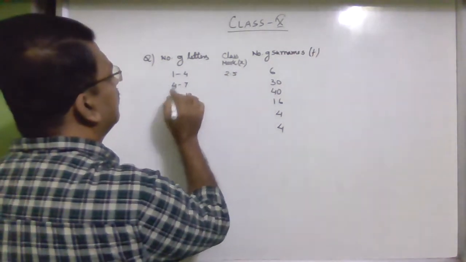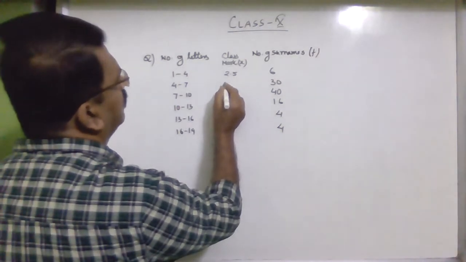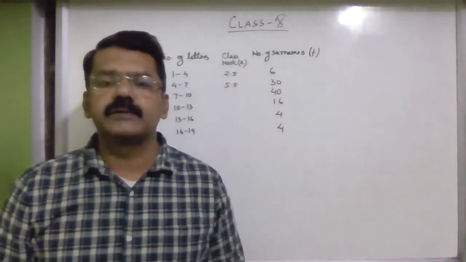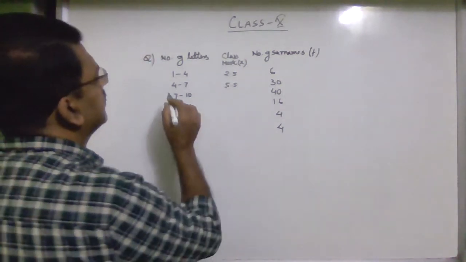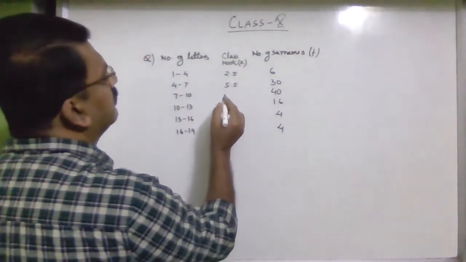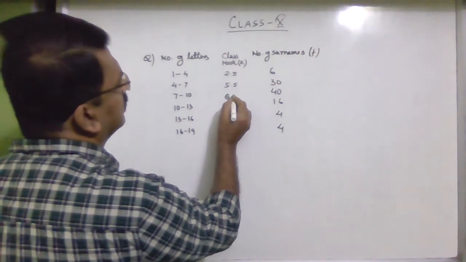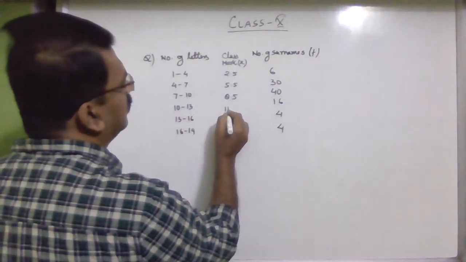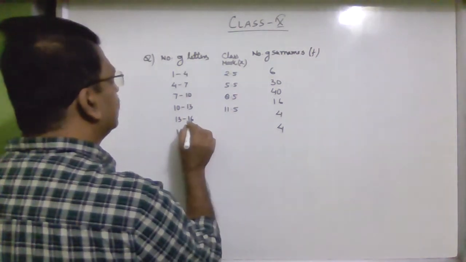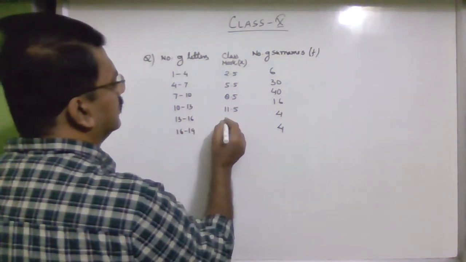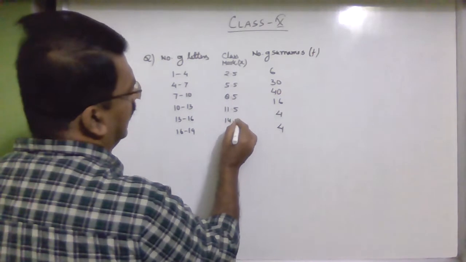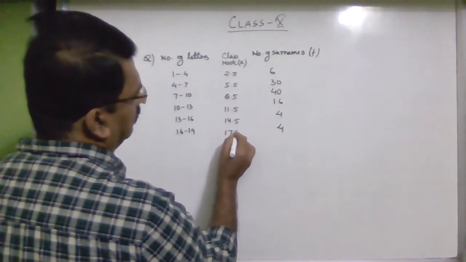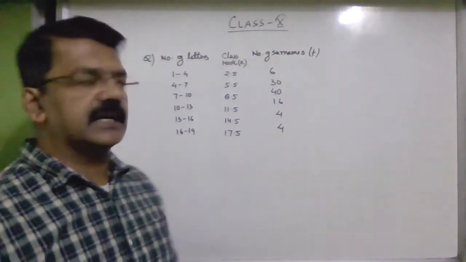Then 4 plus 7 upon 2, that is 11 upon 2, 5.5. Then 7 plus 10 upon 2, 17 upon 2, that is 8.5. Then 10 plus 13, 23 by 2, that is 11.5. Then 13 plus 16, 29, so 14.5. And then 17.5. Okay, so these are the class marks.